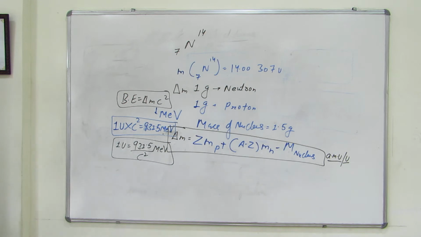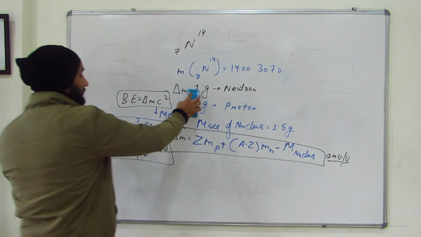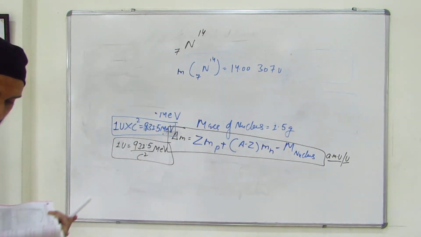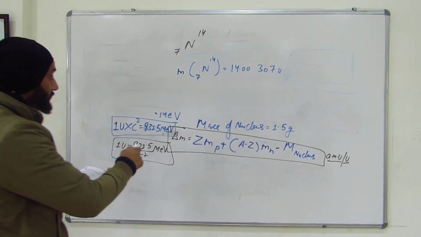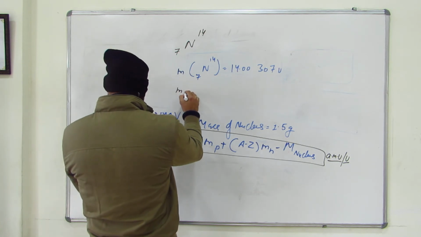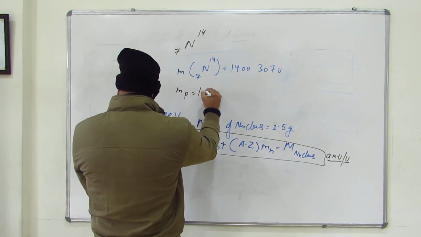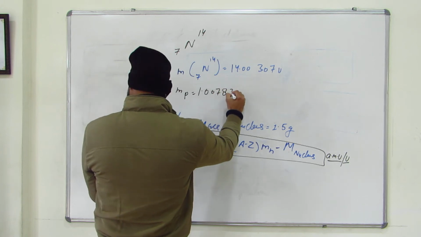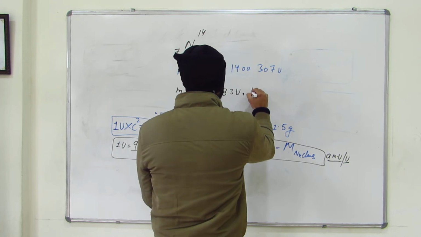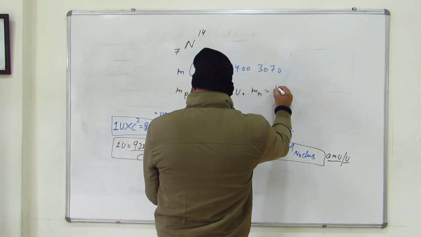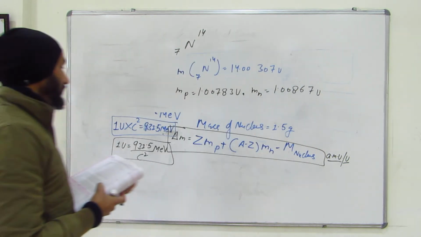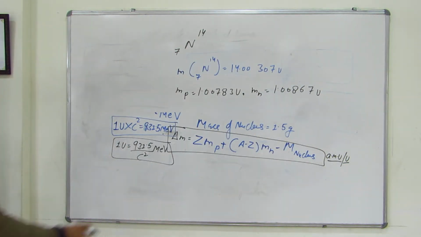Then the mass of the proton is given, which is 1.00783 U. As I told you, mass is always in this unit. Mass of neutron, Mn, is 1.00867 U. Now use this formula to find delta M.